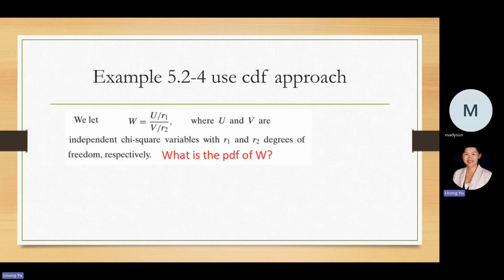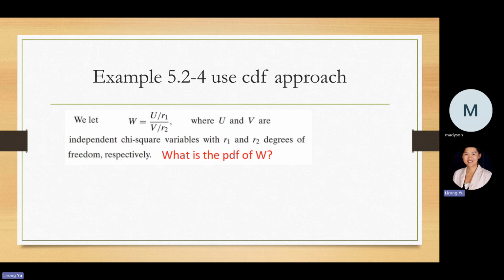So W equals U over R1 divided by V over R2, right? And we want to know the distribution of W. I know the result. W has a special distribution called the F distribution, but we still want to know what the density function looks like.